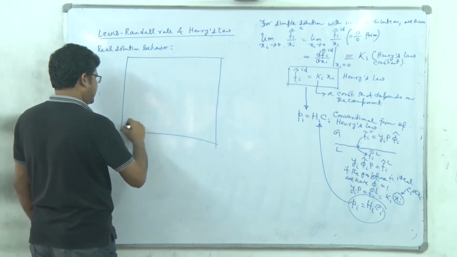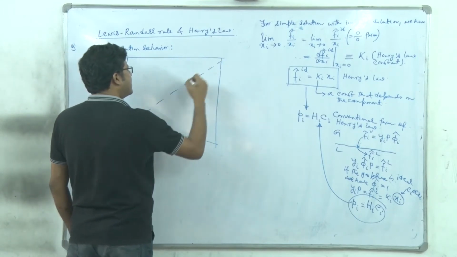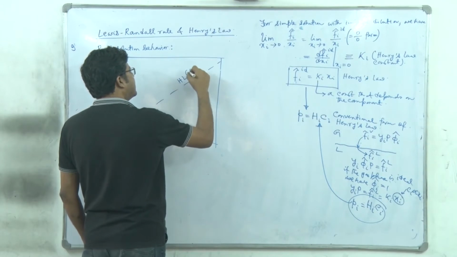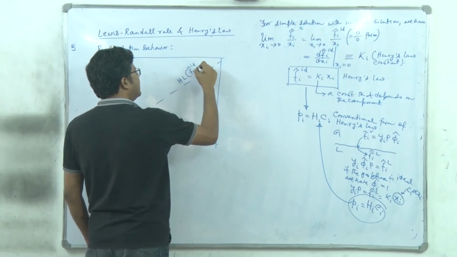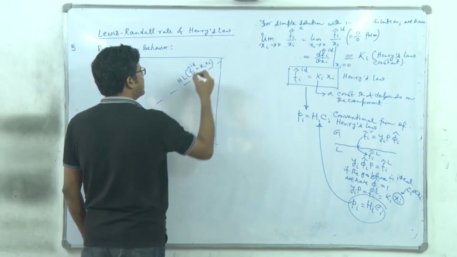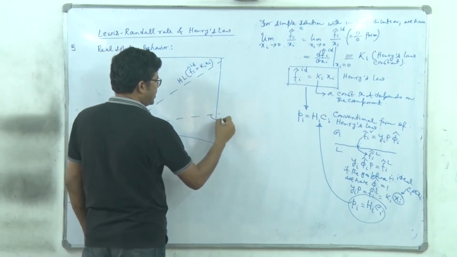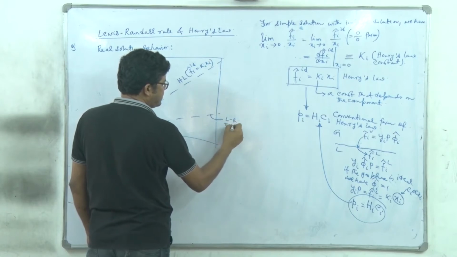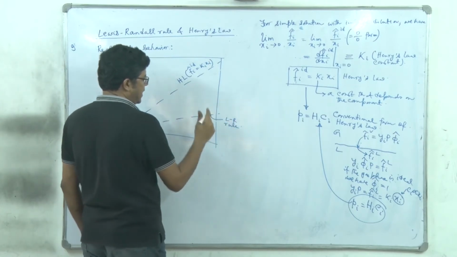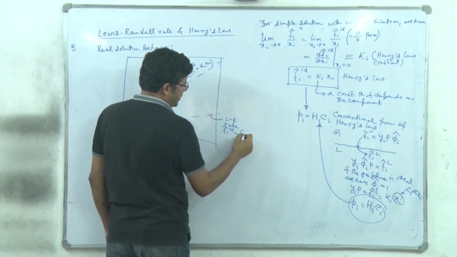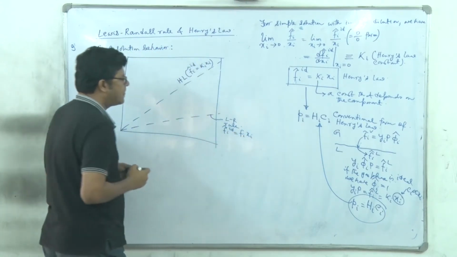See, this may be the line for Henry's law, which is Fi cap ID is equal to Ki Xi. And this is the line for the LR rule, which states that Fi cap ID is equal to Fi Xi.